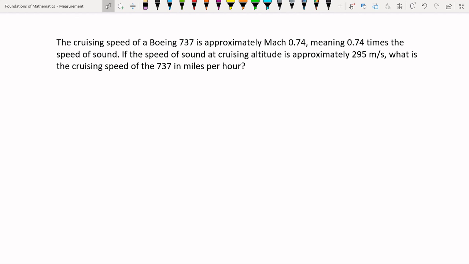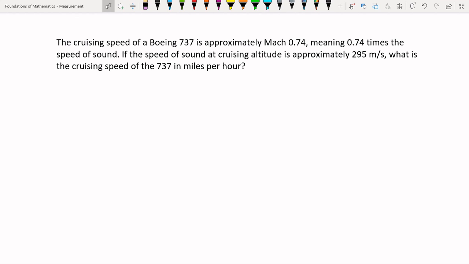All right, here we have the cruising speed of a Boeing 737 airplane is approximately Mach 0.74. If the speed of sound at cruising altitude is approximately 295 meters per second, what is it in miles per hour?